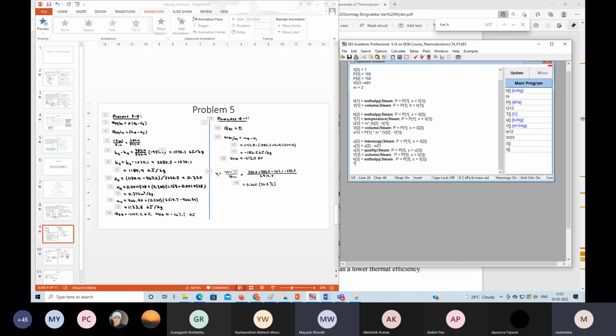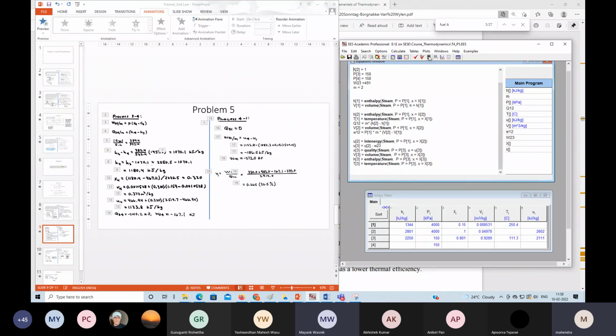That is the reason. Let us calculate temperature also over here. Temperature equal to P3, okay, and then X equal to X3 also we can take. Okay, enthalpy we can take, or this also we can take.